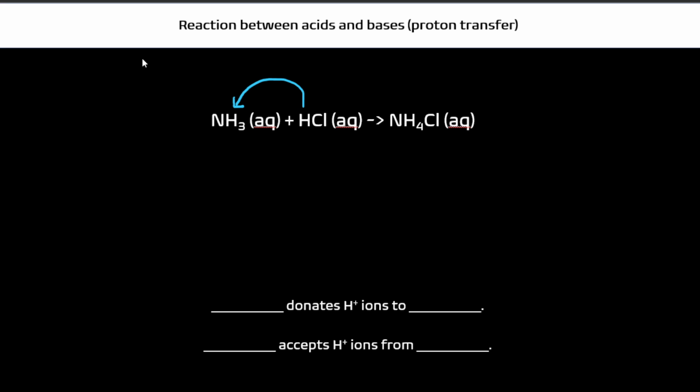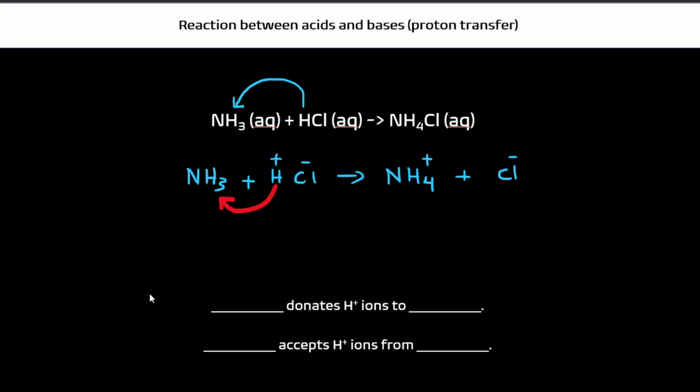If we try to write ionic equations, NH3 is simply ammonia, and HCl can be broken down into H plus and Cl minus. So what happened was HCl donated H plus ions to NH3. As a result, NH4 plus forms because it accepted the H plus ion from HCl, and Cl is left alone with an extra electron, so it becomes Cl minus.